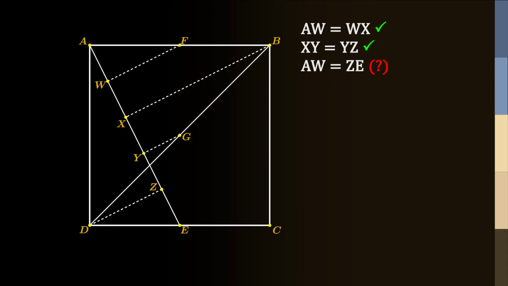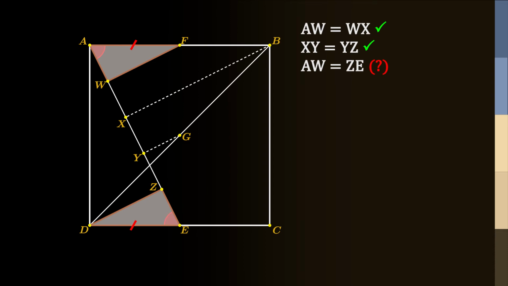Let's consider the triangles AWF and DZE. These are congruent triangles. Why? Because first of all, we know they are both right-angle triangles. Secondly, the hypotenuse of both are equal in length as they are both half of the side of the square by construction.